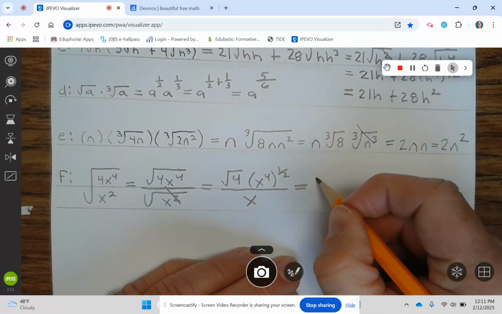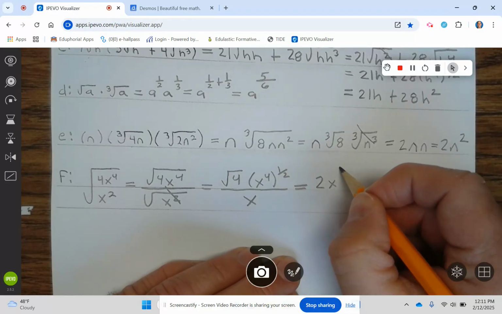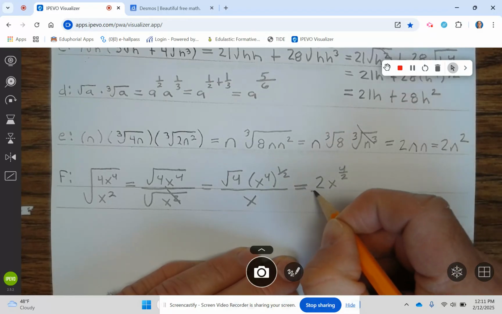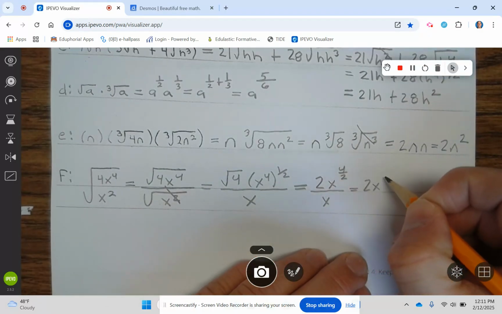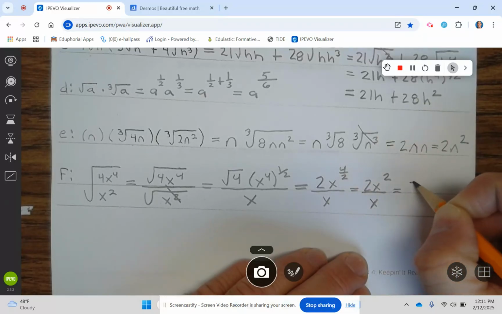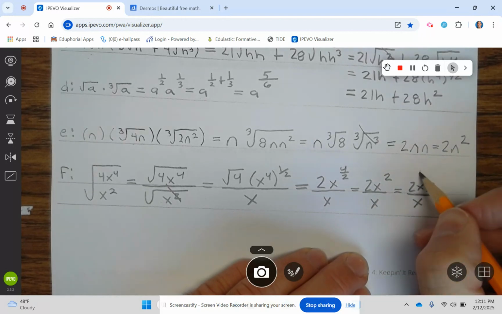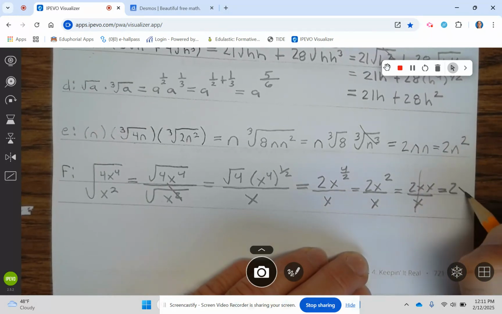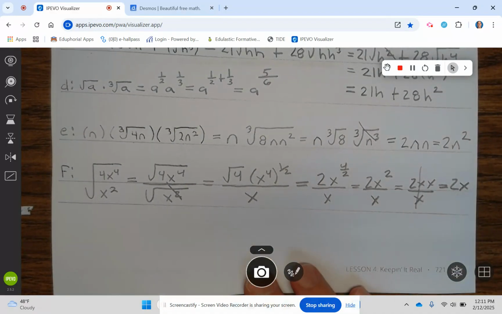Square root of 4 is 2 times x to the 4 divided by 2 divided by x, which equals 2x squared divided by x, which equals 2 times x divided by x. That divided becomes 1, which equals 2x. Alright, go ahead and finish it up. Alright, let's take a look at the next page.